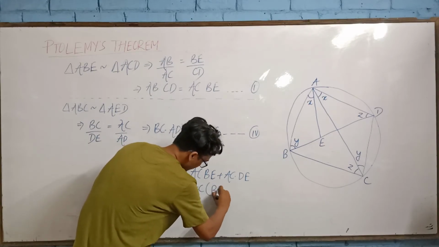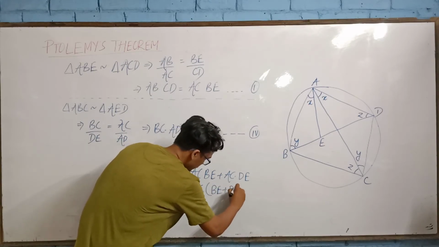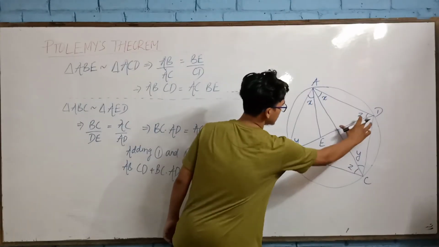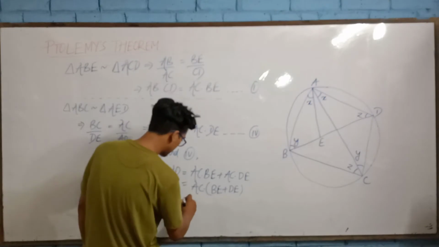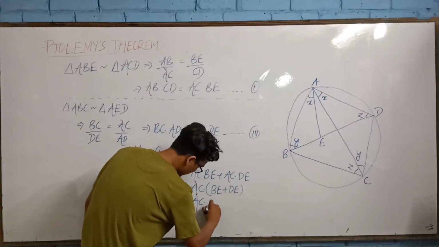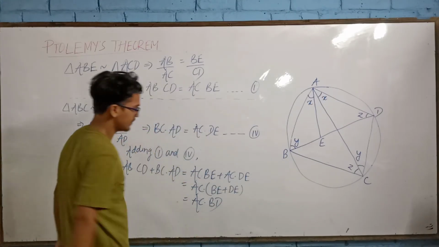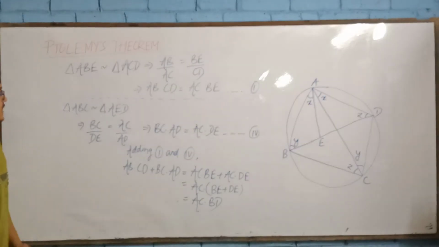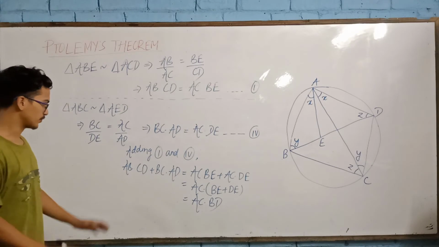Taking AC common, we get AC into BE plus ED, and BE plus ED is actually BD. So this becomes AC into BD. This is the final result, and hence Ptolemy's theorem is proved.